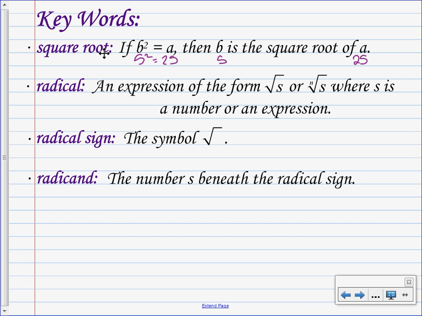Any questions on these 4 words? Fairly simple? Yeah, they're all underneath the square root.